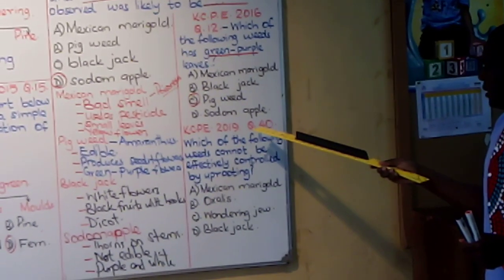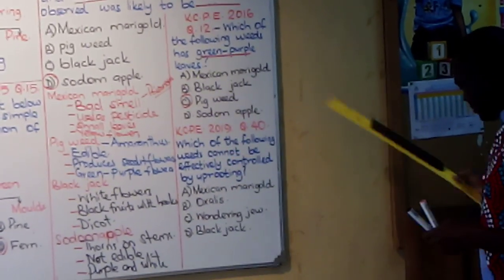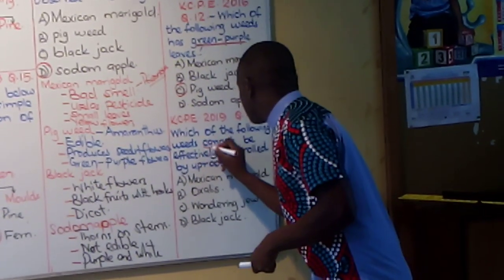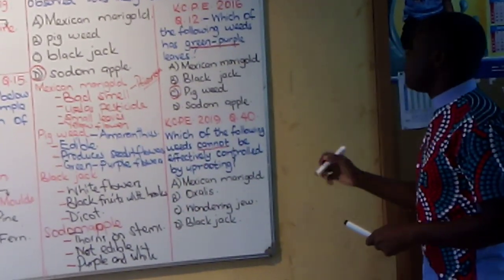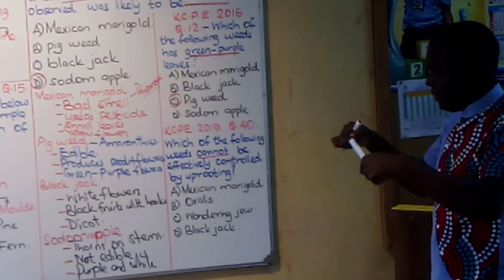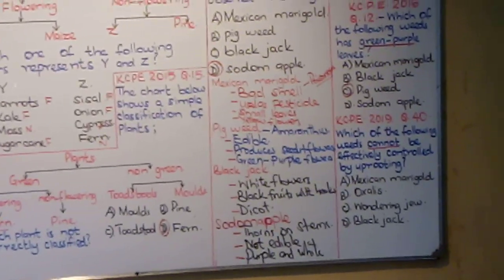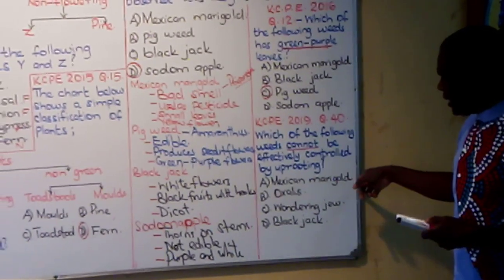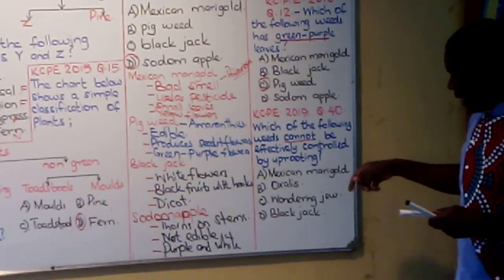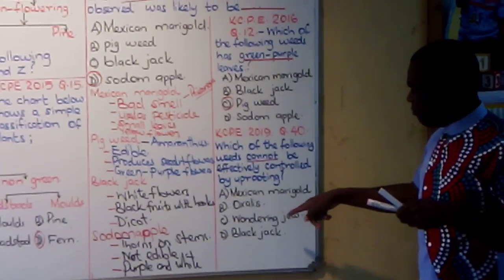2019, question 40. Which of the following weeds cannot be effectively controlled by uprooting? Methods of controlling weeds. Mexican marigold, oxalis, wandering Jew, blackjack.